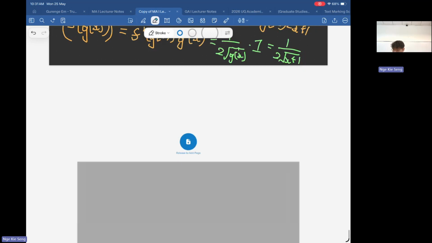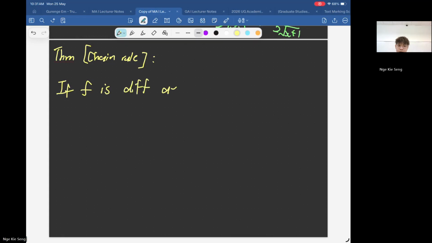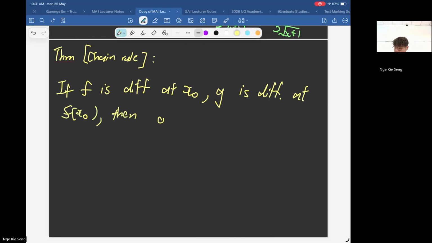So let's prove the chain rule. If f is differentiable at x naught and g is differentiable at f(x naught), then g compose f is differentiable at x naught.